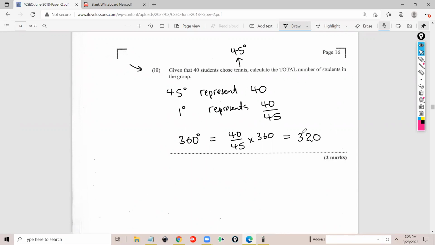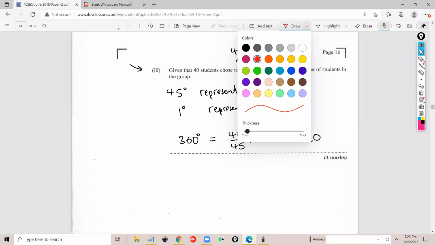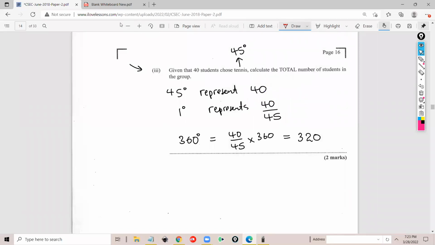So I will leave that work in there, and I'm going to do it the way I would normally do it. I almost do this question just like how I do currency conversion, believe it or not. Like if you're converting US to TT dollars or Barbadian dollars to Guyanese dollars, it's the same concept. What you do is you draw a little cross like this.